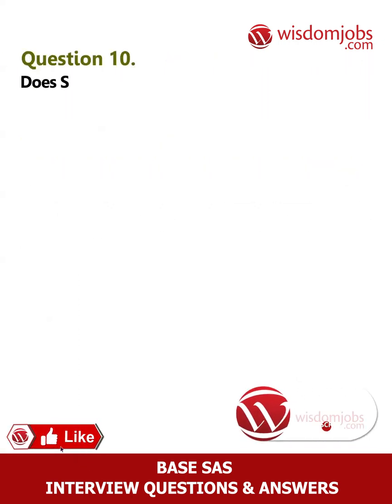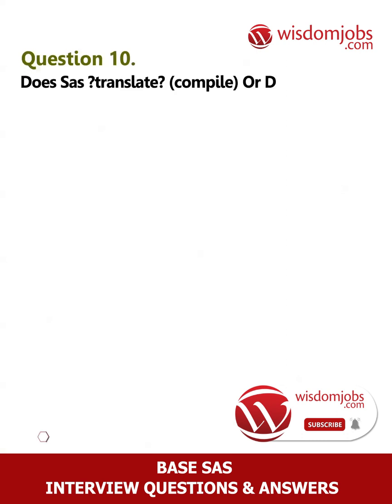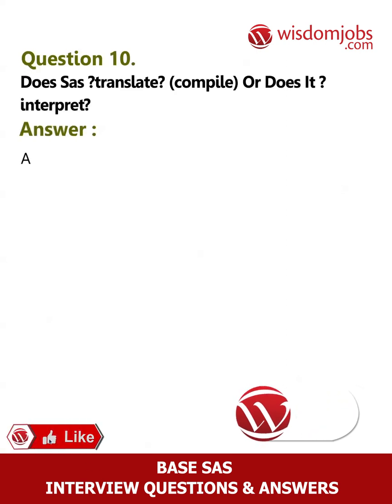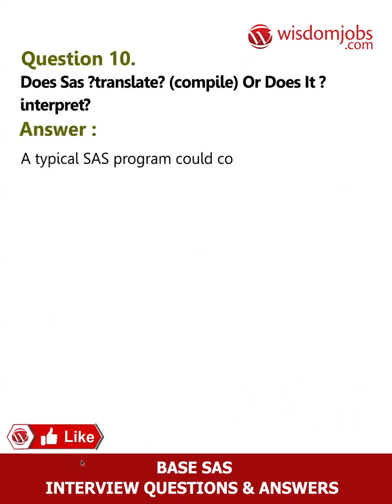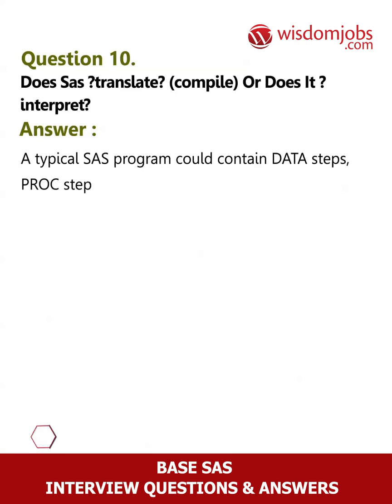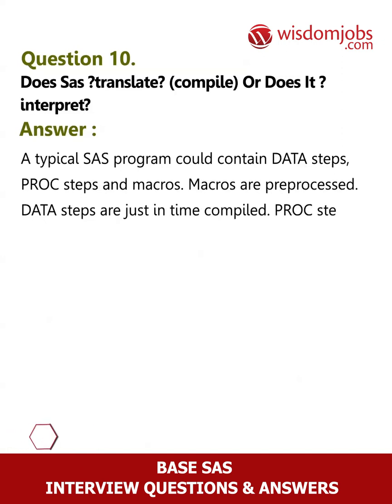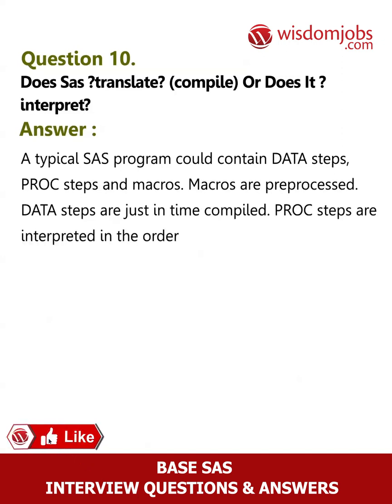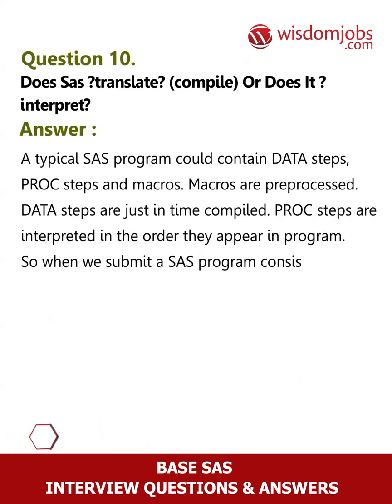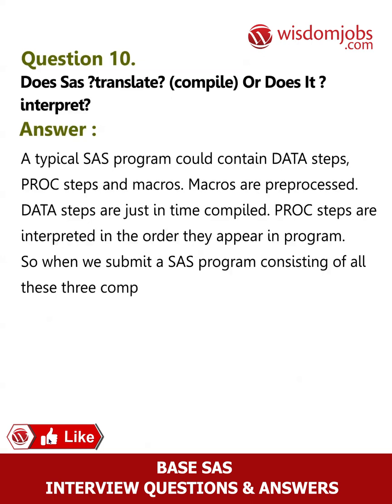Question 10. Does SAS translate, compile, or does it interpret? Answer. A typical SAS program could contain data steps, proc steps and macros. Macros are pre-processed. Data steps are just-in-time compiled. Proc steps are interpreted in the order they appear in the program. So when we submit a SAS program consisting of all these three components, the macro is compiled and executed first.